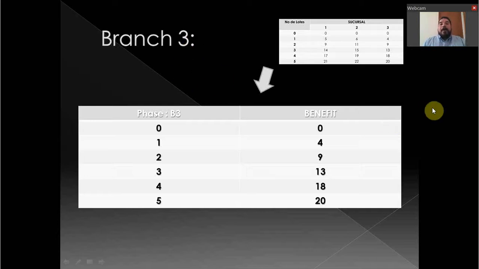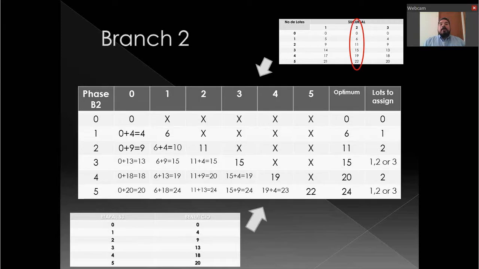But when we go backwards to branch number 2, we can have from 0 to 5 lots, and we can assign from 0 to 5 lots. Not in all the cases, of course, but let's begin with if we have 0 lots, the only thing we can do is assign 0 lots to branch 2, and we can't perform any other analysis because we have 0 lots.